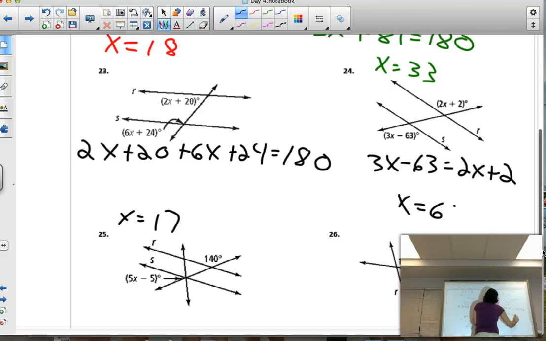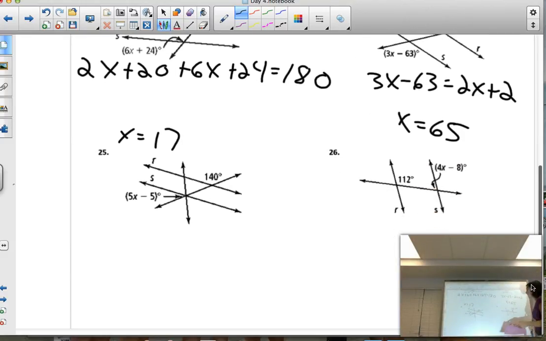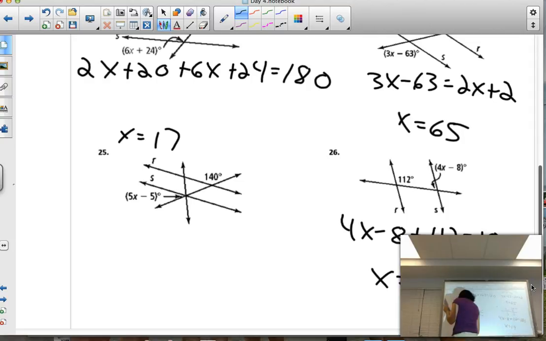X equals 65. Number 26: 4x minus 8 plus 112 equals 180. So x equals 19.